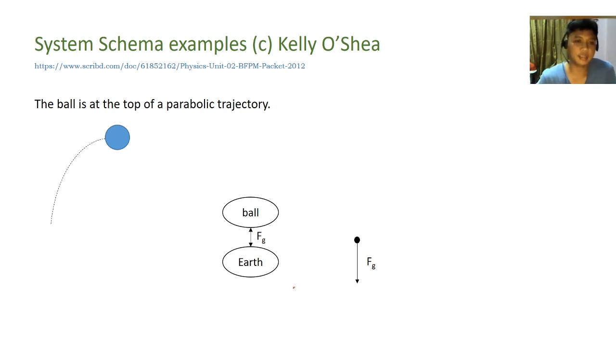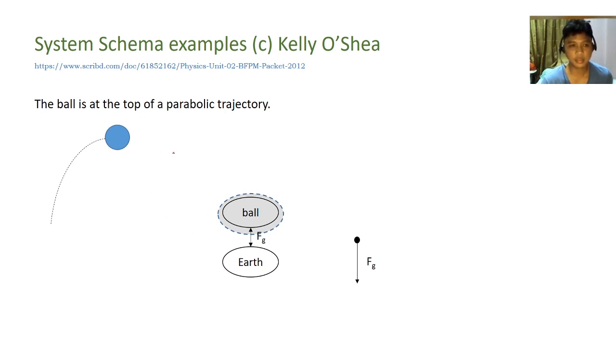The ball is at the top of a parabolic trajectory. Here it is. Surprisingly, there's only one force acting on the ball, and that is the gravitational force. Okay, well, that's not really a surprise. But as you can see, our problem has only two important objects, the ball and the earth.